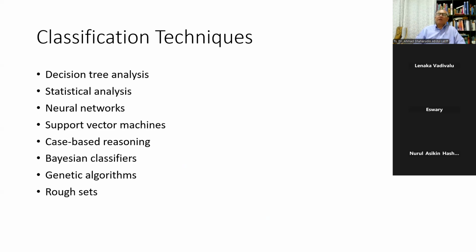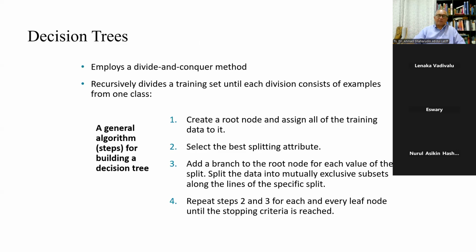Case-based reasoning is where you use the model from previous cases to try on the current case, and if the cases differ, you learn from that and pick up a new model. The Bayesian classifier uses Bayes theorem. The genetic algorithm imitates chromosome mutation, and then there are rough sets. So these are some classification techniques.